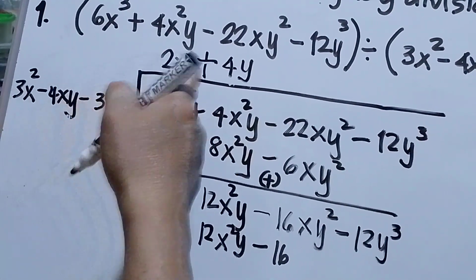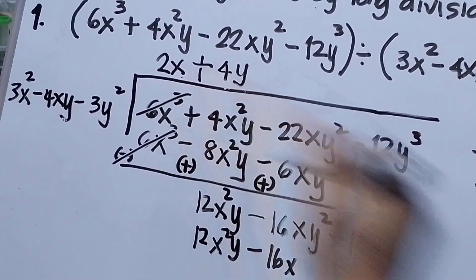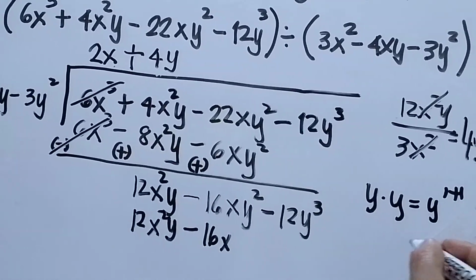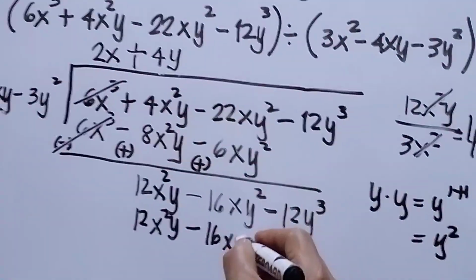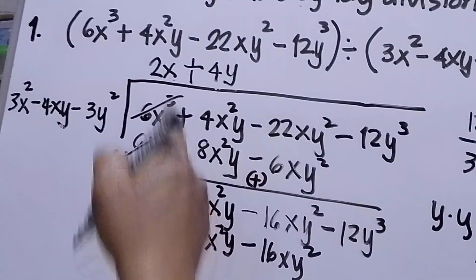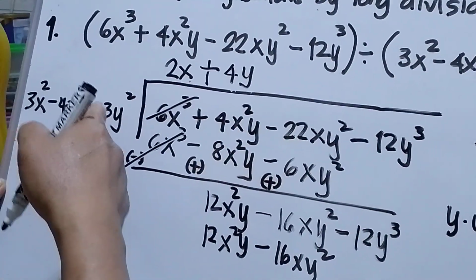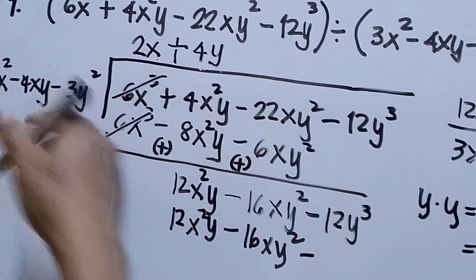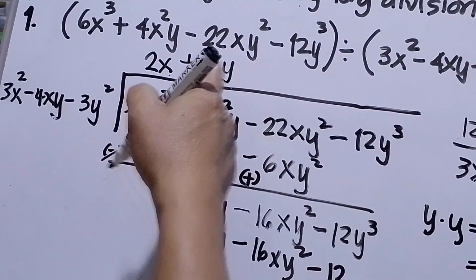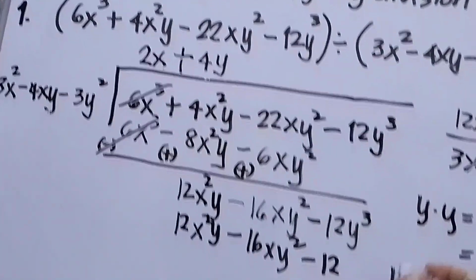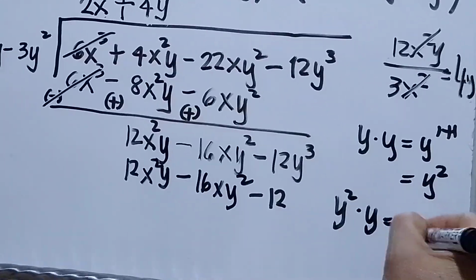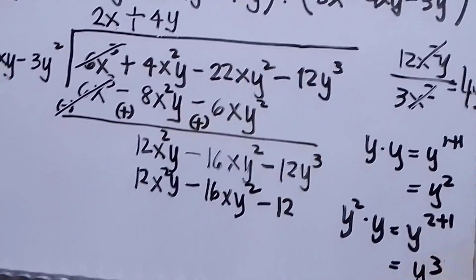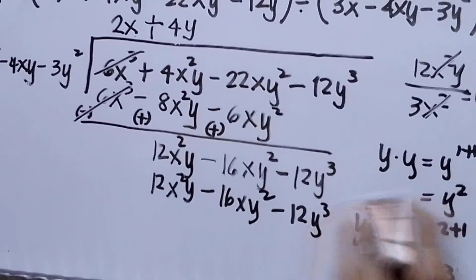Then x. y times y, that will be y to the 1 plus 1, it should be y squared. And then the last will be 4y times negative 3y squared. So positive times negative is negative. 4 times 3 is 12. Then y squared times y, that will be y to the 2 plus 1, this will be y cubed.